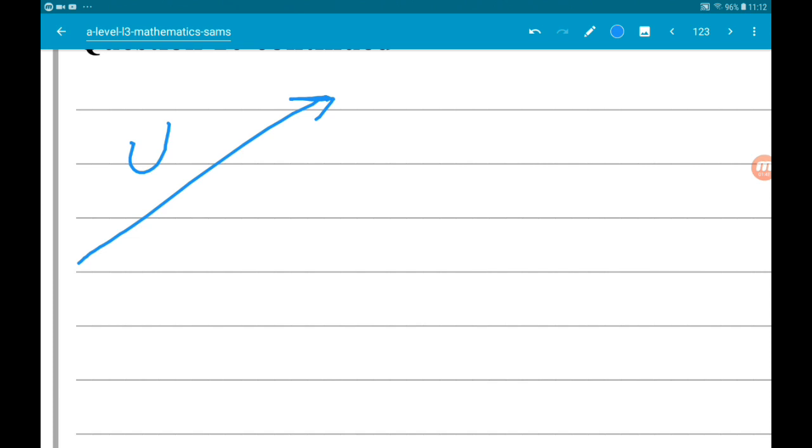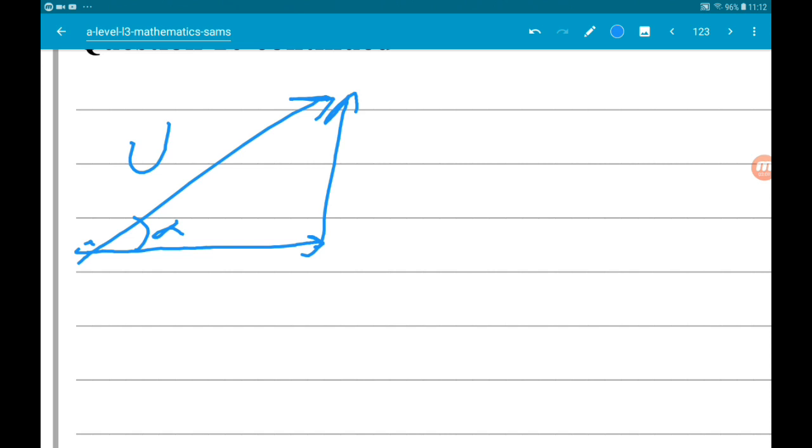So this angle here then is alpha. We've done this in a fair few questions already.